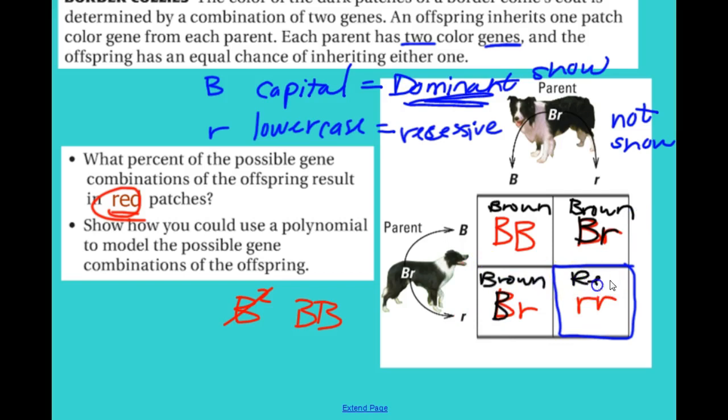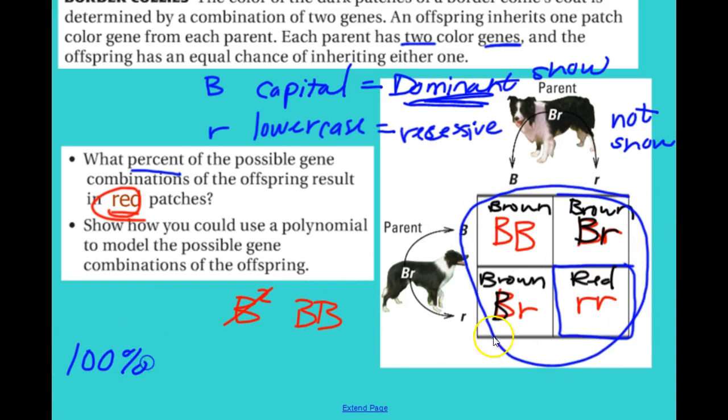And this one is going to end up with red patches. So what percent? Well, if the whole graph right here was 100%, 1/4 of it, some of you know if you talk about one whole dollar, a fourth of a dollar would be 25 cents or 25%. Or just think 1 out of 4 as a percent is, or as a decimal, is 0.25, which is also 25%.